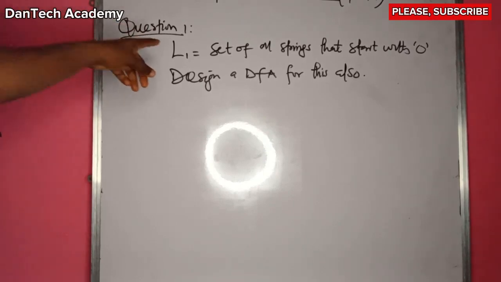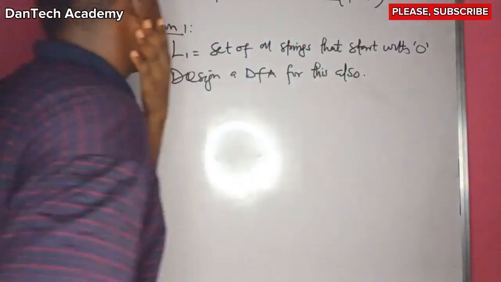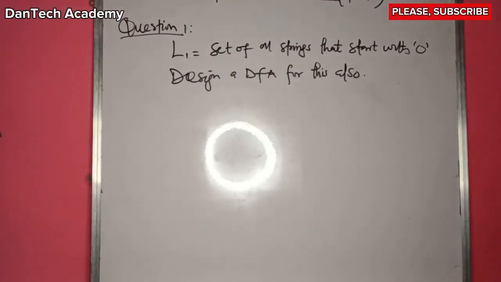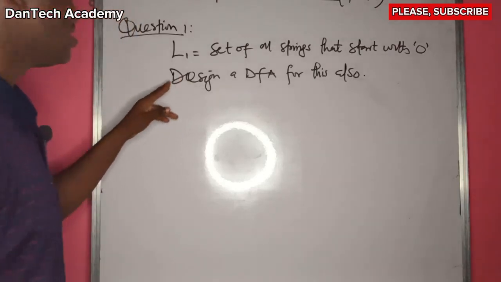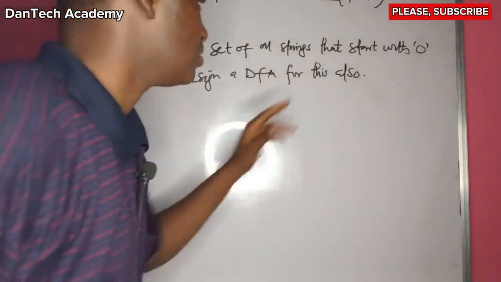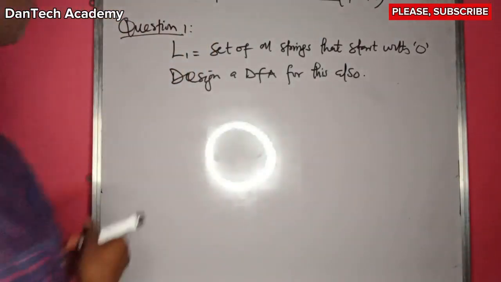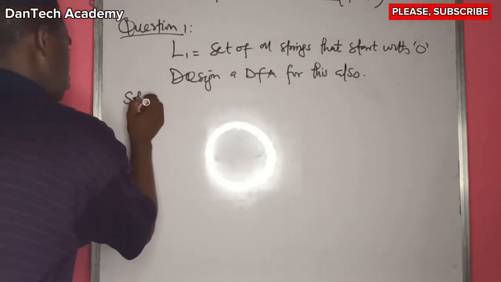In that computation, we've been able to understand that the set of strings that begin with 0 is infinite. You get that? Because it will always start with 0. You just do it to some point, and you leave it there. So here it says design a DFA for this. Let us see how we're going to do this.